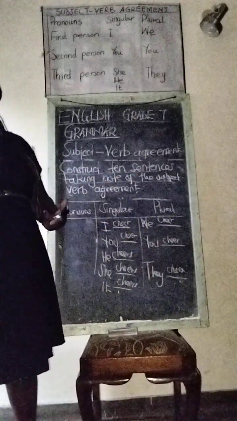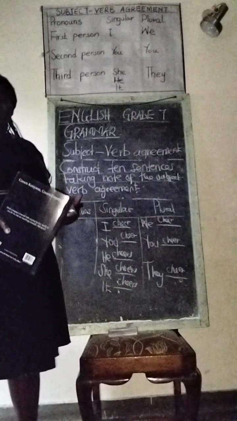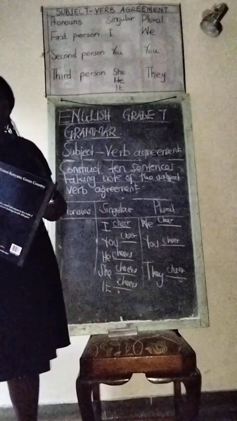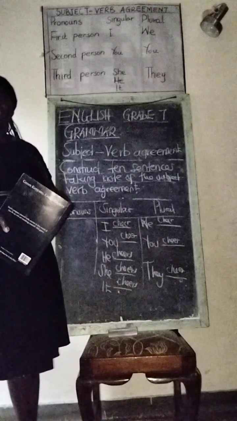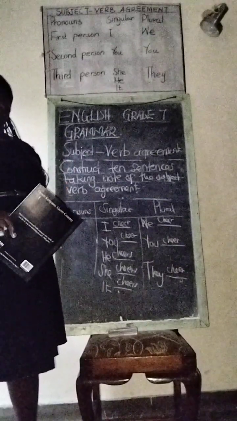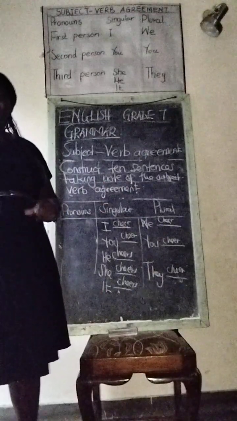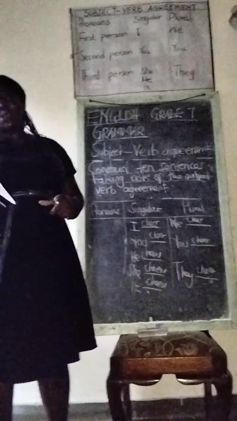Without the s, the verbs remain plural. So you say, I chase, I drink, you drink, we laugh. But you say, she walks, he runs, Otieno goes to the market, my mother cooks delicious meals.